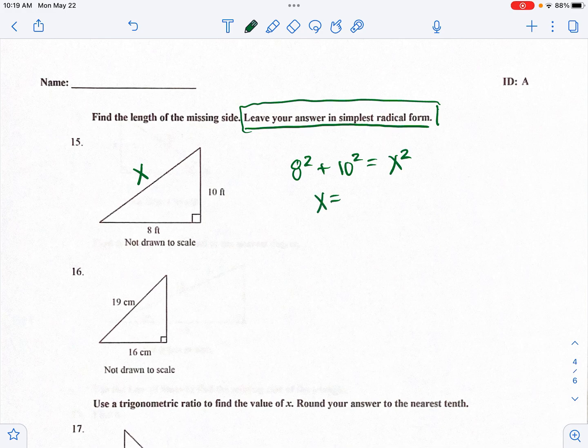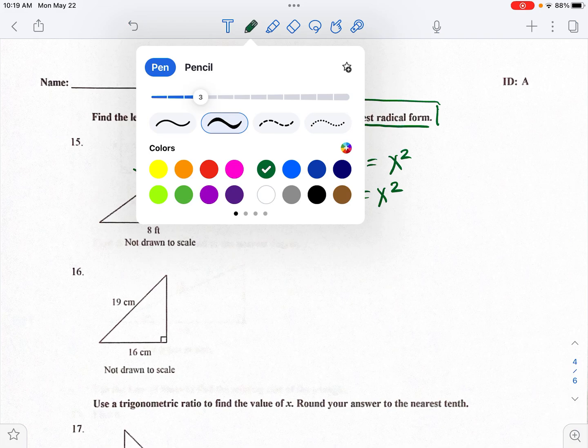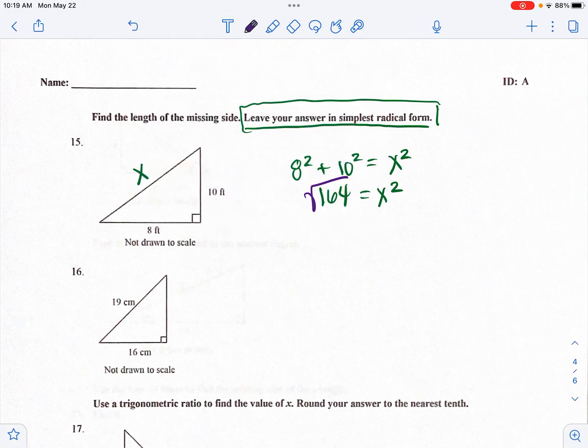Right, because, let me go back. Because we do get 164, right, as x squared. And of course I want to take the square root of both sides, right? So if I take the square root of both sides, this one does reduce to 2 square root of 41. So that's the solution for number 15.